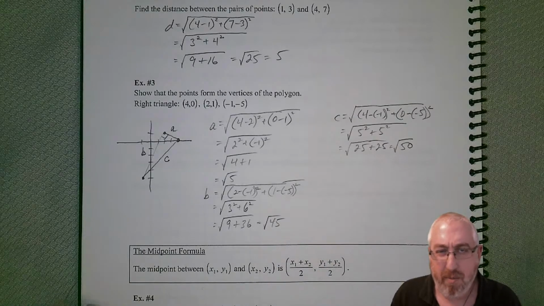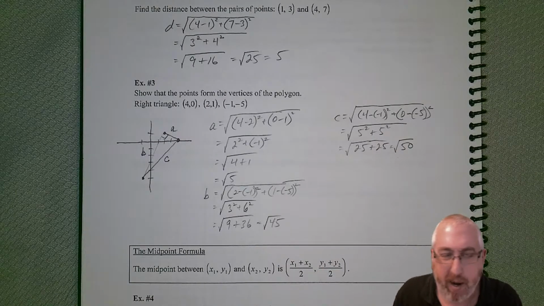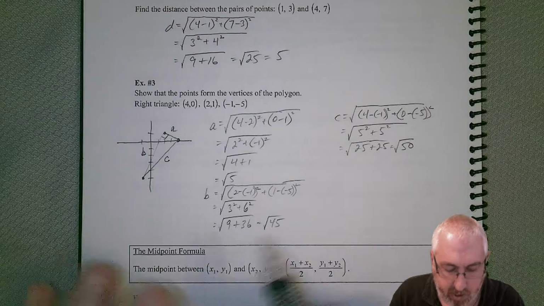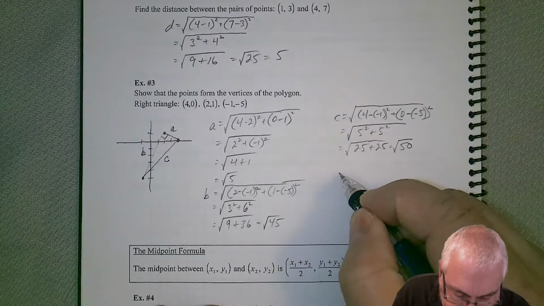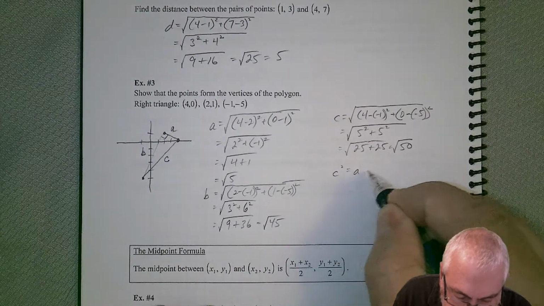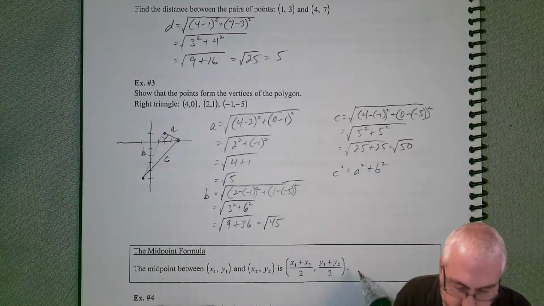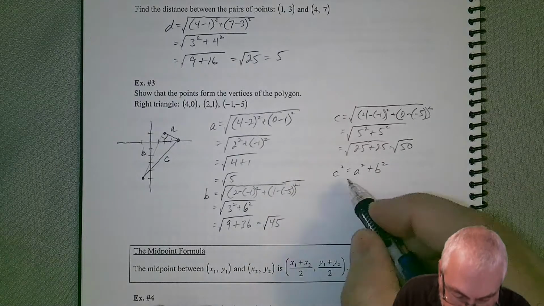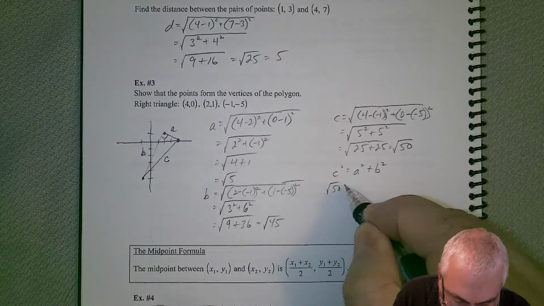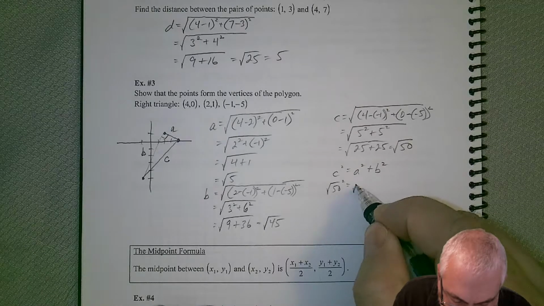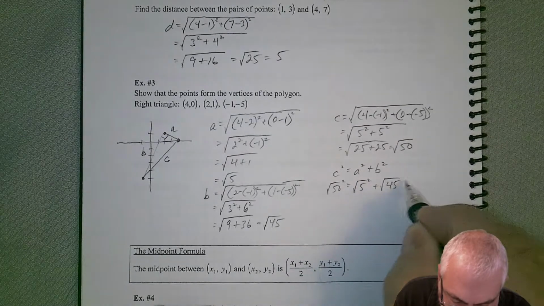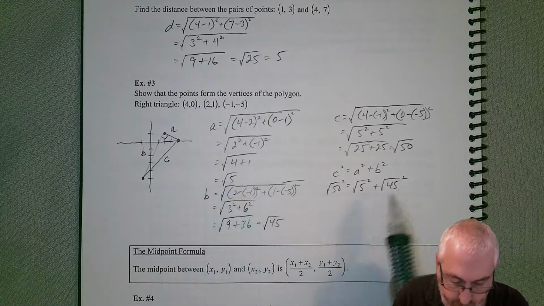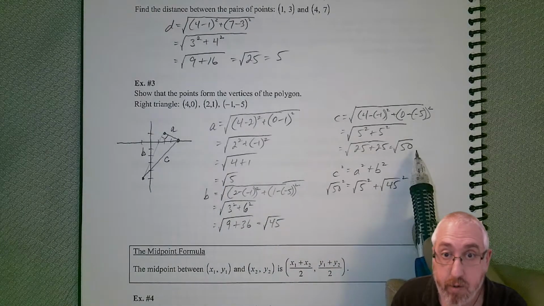Now again, I'm not reducing them down to proper radical form. For these purposes, we can just kind of leave them as is. It's actually going to be easier, and you'll see why right now. So now we want to check the Pythagorean theorem. So let's plug in all of our values and see what happens. So we got square root of 5, square root of 45, and square root of 50.